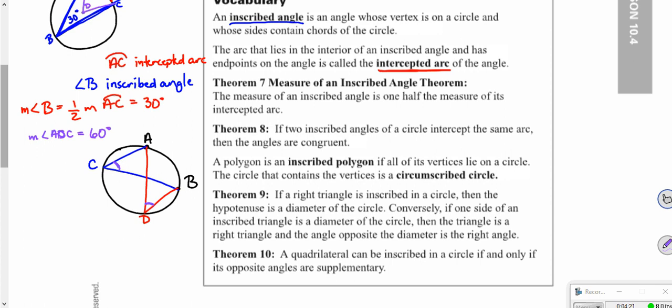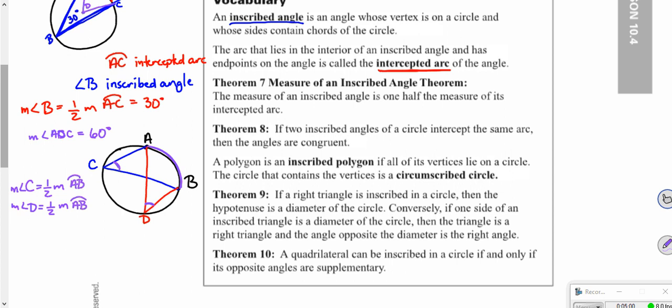How do we know that? Because they intercept the same arc. So the measure of angle C is 1/2 the measure of arc AB, and the measure of angle D is also 1/2 the measure of arc AB. They have the same intercepted arc. So that means that the angles must be congruent.